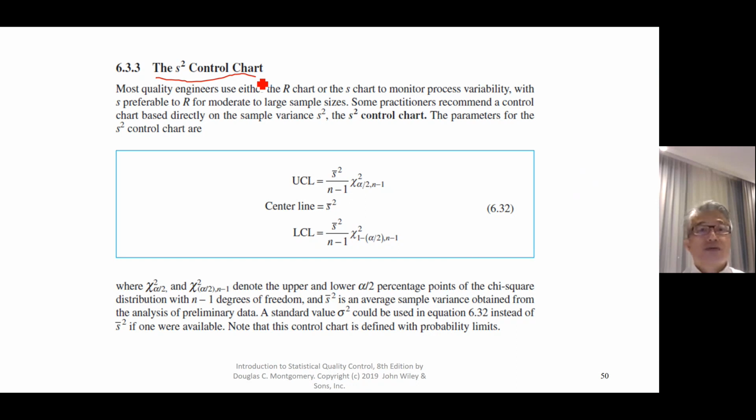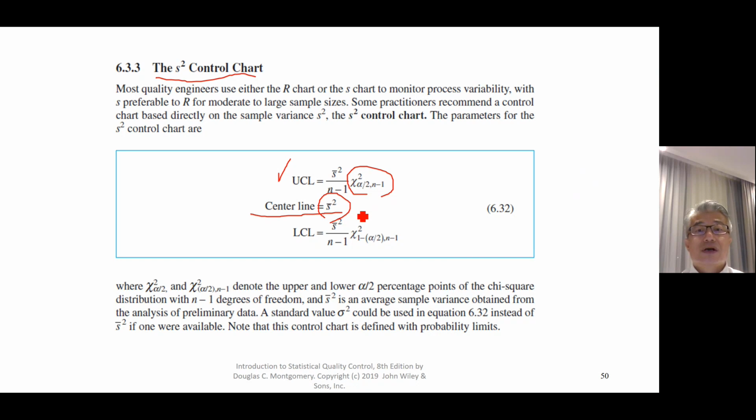So the parameters for the S square control chart are as follows. You can see that the upper control limit is based upon the chi-square with two-sided degrees of freedom corresponding to n-1, and the center line, as usual, takes the grand average of the sample variance for the past sample points.